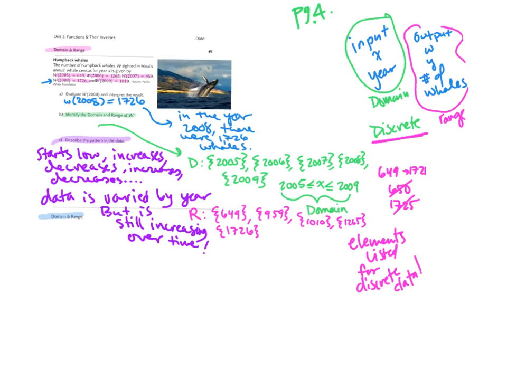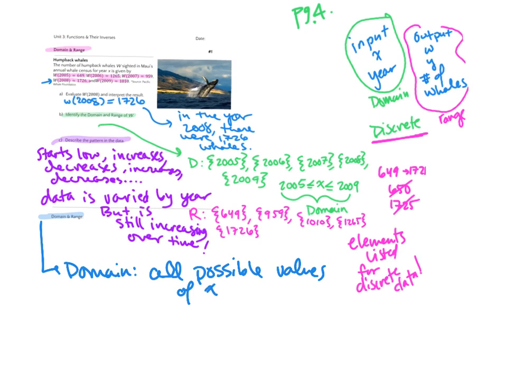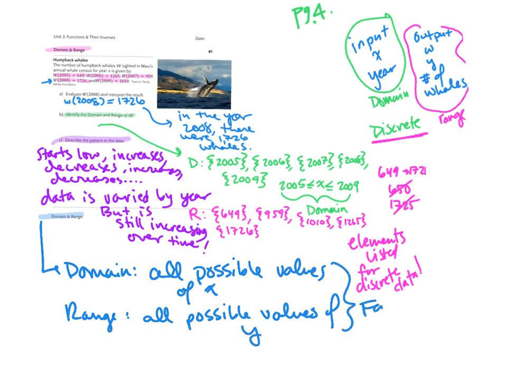I'm going to say, well, because it's domain and range, I'm going to say domain is all possible values of X, which means that they're defined on that domain. I know. The range is all possible values of Y. And this is like for the given function.